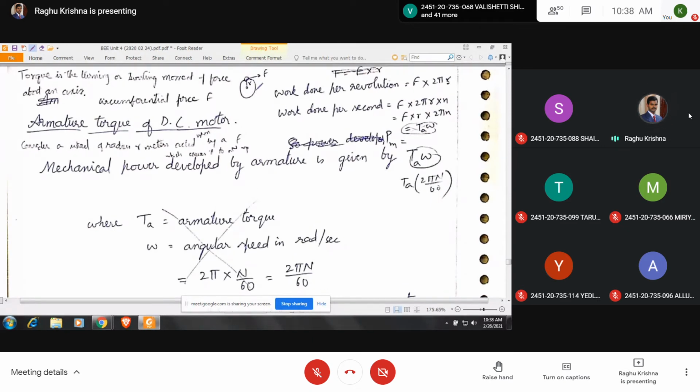So here is rotational motion, and this is the axis. Force is applied here, indicated with F, and the radius is represented with R. Torque is the turning or twisting moment of force about an axis.